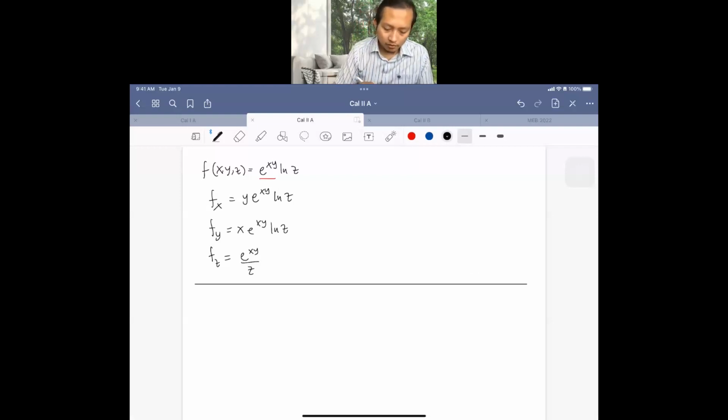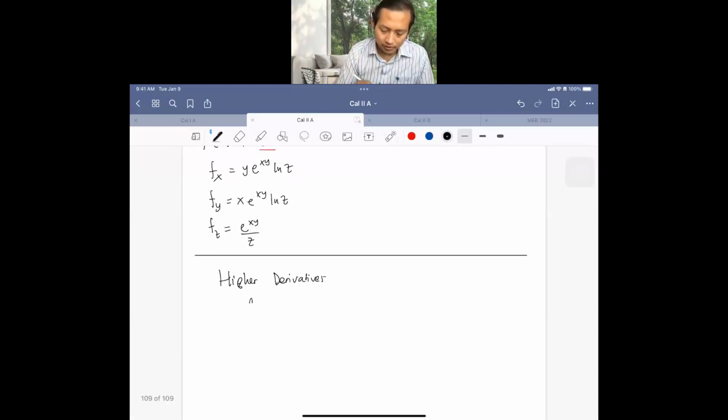Now we are moving to the next part, which is the higher derivatives. What we did before is take just one partial derivative, one time. So we can take 2 times, 3 times, 4 times to derive. For example, we already get partial x.